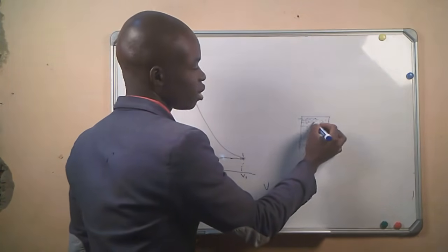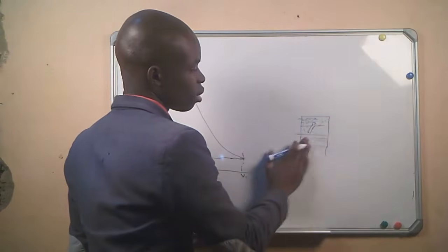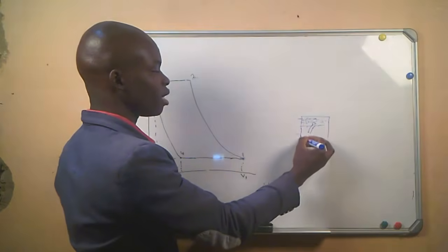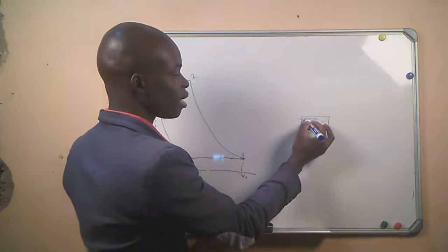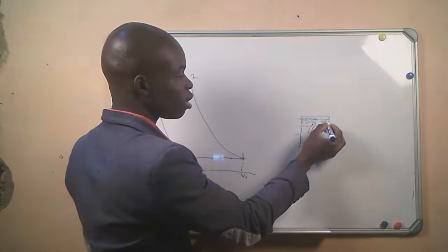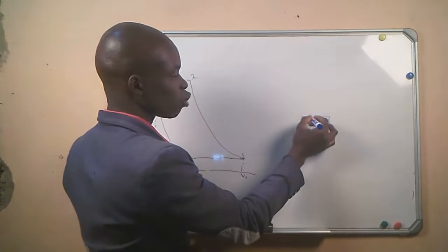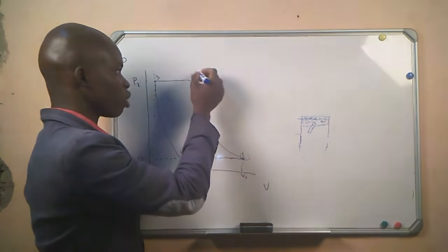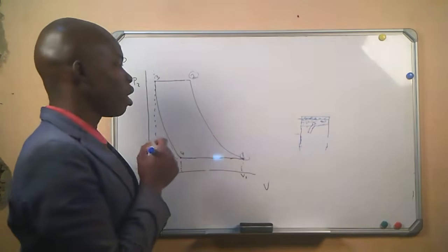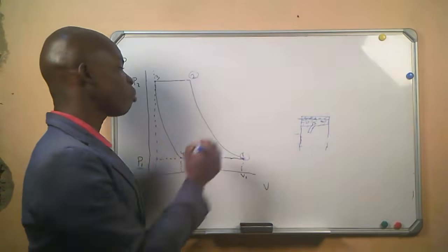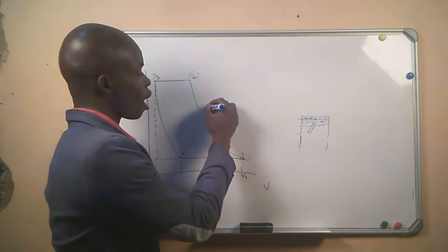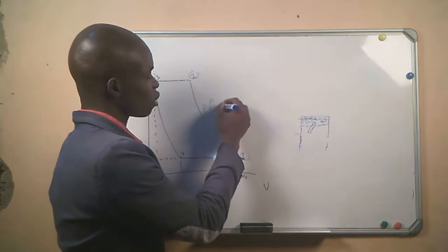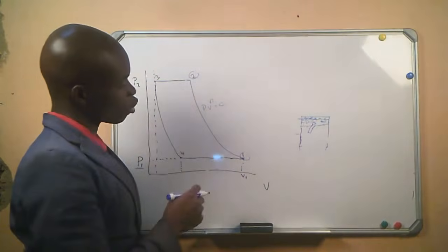The piston is no longer here, and all the air that was in the cylinder will now be compressed from point number 1 to point number 2. The compression is performed using a polytropic process, which is PV^n = C.